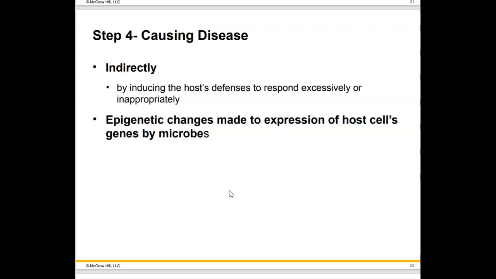The interesting thing is that even though the bacteria might have been killed off by your immune system, these epigenetic changes sometimes can persist afterwards. So even though you might no longer have a viral load or a bacterial load present, there still could be some of these epigenetic changes that are still regulating the genes that are going to be expressed, and have some longer lasting effects because of that.